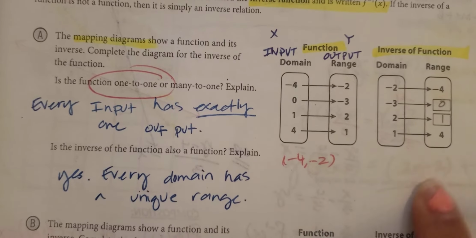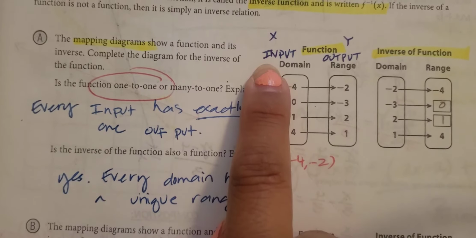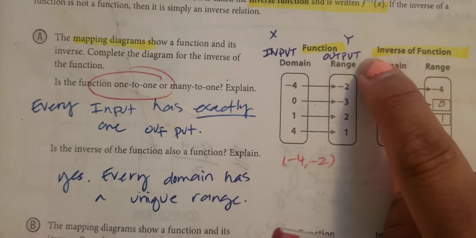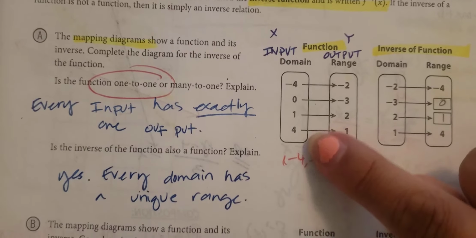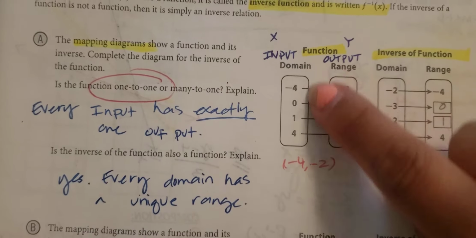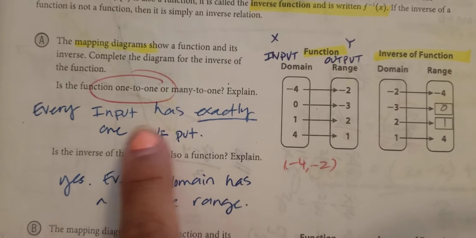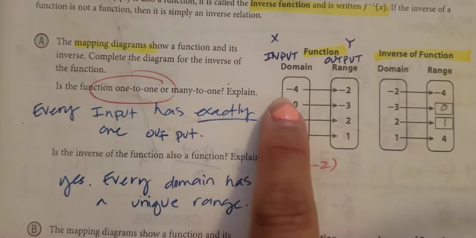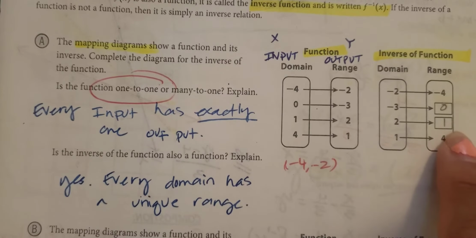So, I want to remind you, your domain values are called x's or inputs. Your y values are called outputs or range, okay? And this is considered a one-to-one function because every input has exactly one output. Every one input has exactly one output, okay?